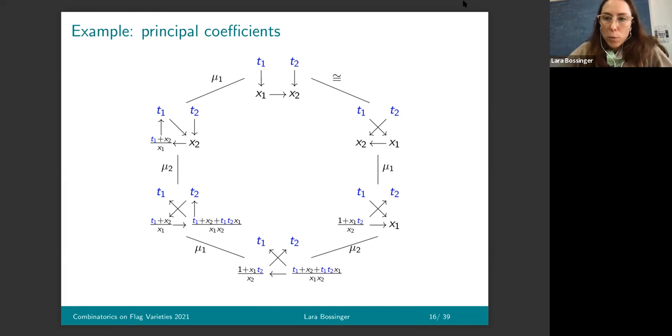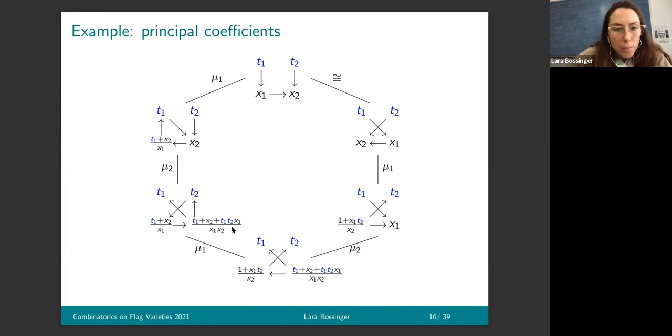The cluster algebra with principal coefficients at this seed is now the one generated by all the variables that you can see here in the original vertices. We had three variables that are not x1 and x2 in the original cluster algebra, and in this case, these three cluster variables are deformed by the t1 and t2 parameters.